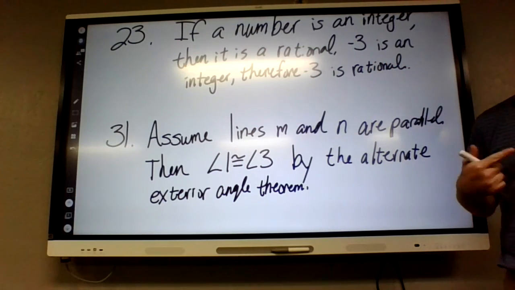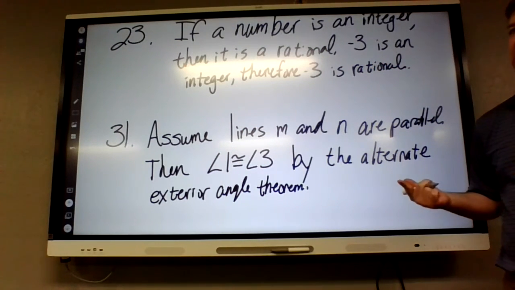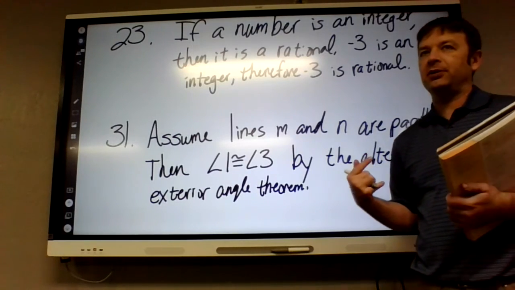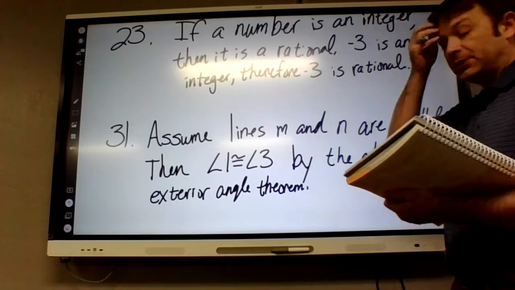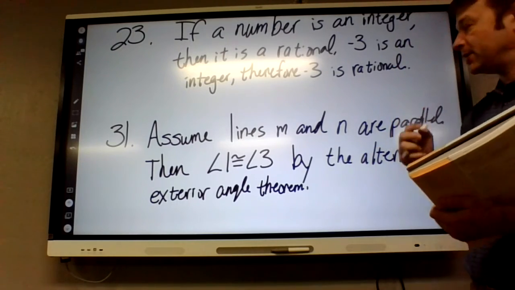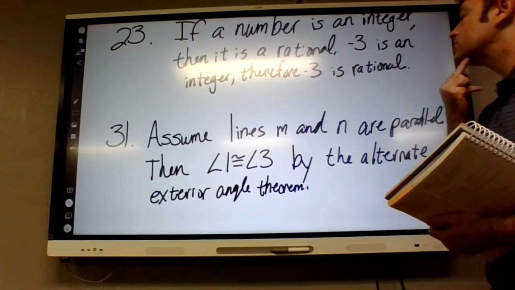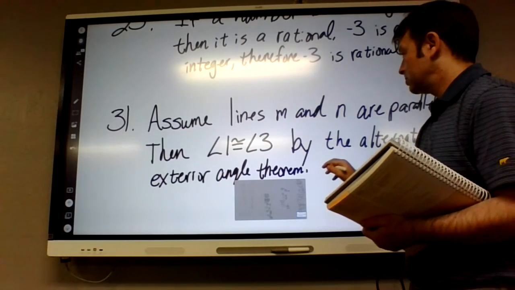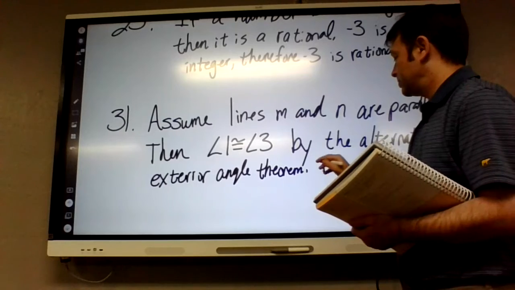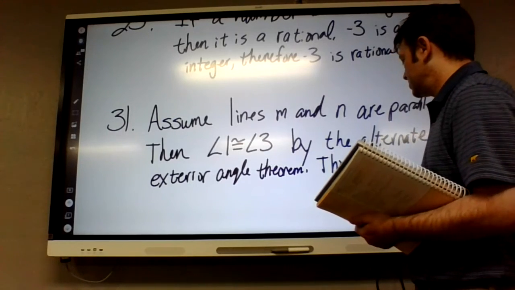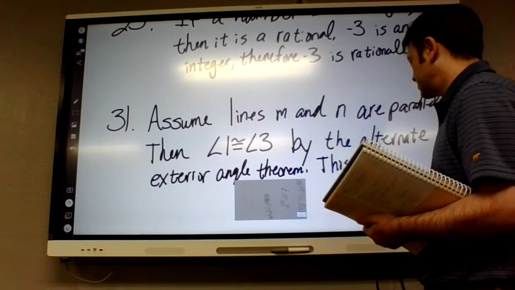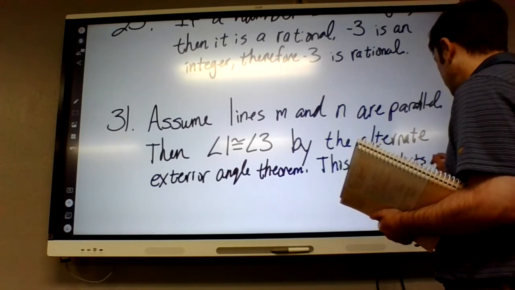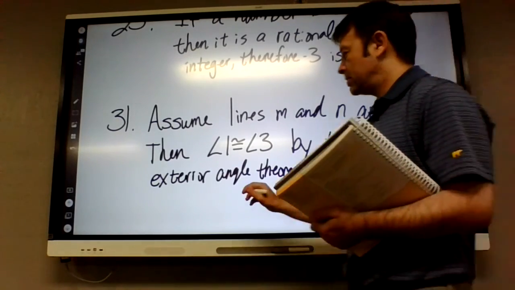Okay, well, we're already at the contradiction, right? Because we just said angle 1 and 3 are congruent. And that contradicts the given that the two angles have equal measurements. This contradicts the given.